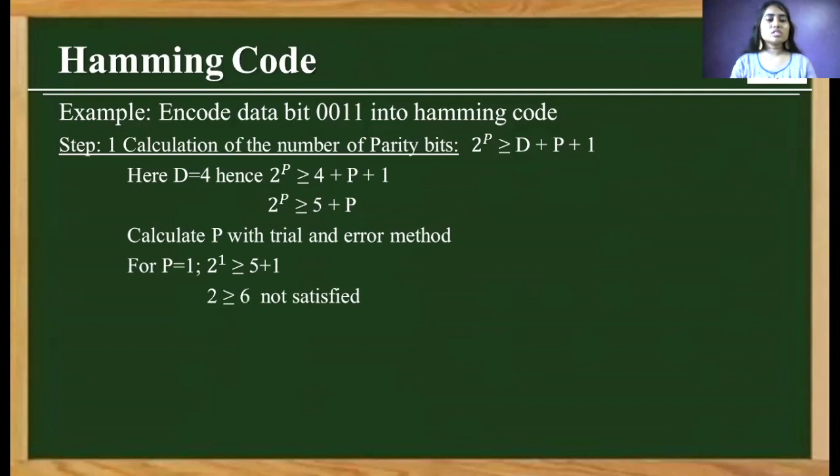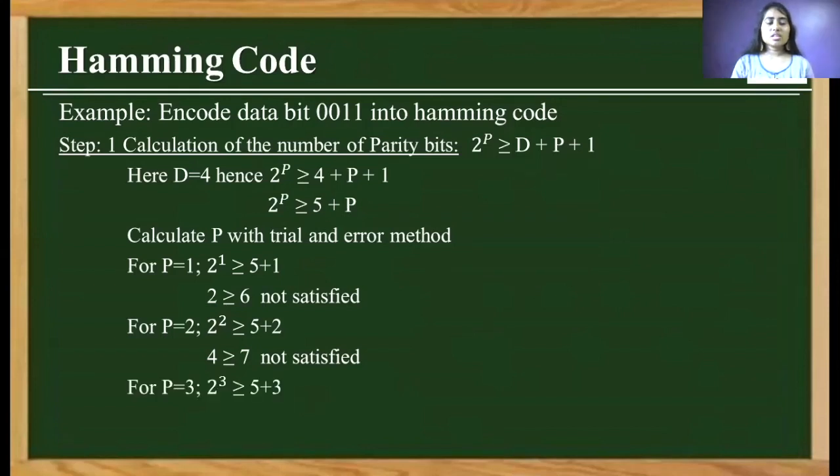That means p equals 1 does not satisfy this equation. For p equals 2, we have 2 raised to 2 greater than or equal to 5 plus 2, that means 4 greater than or equal to 7. This is also wrong, so p equals 2 also does not satisfy this equation.